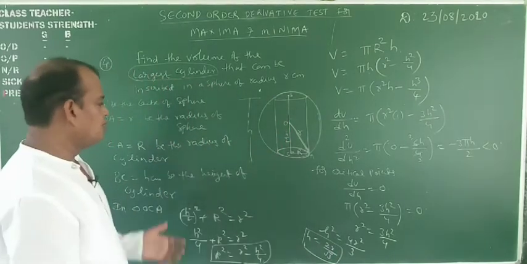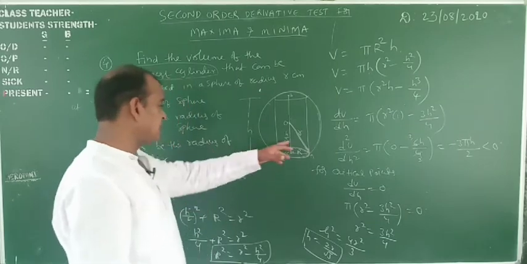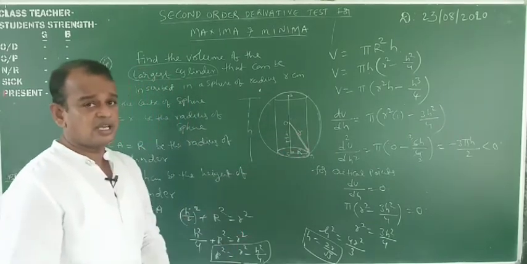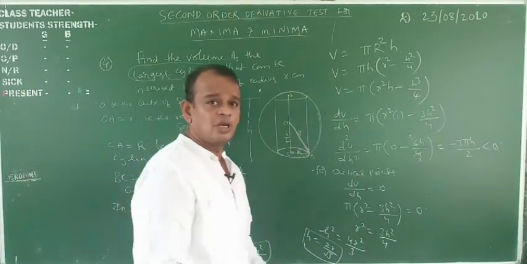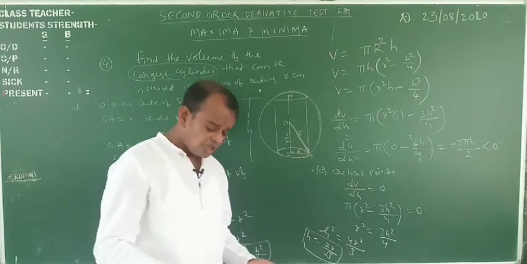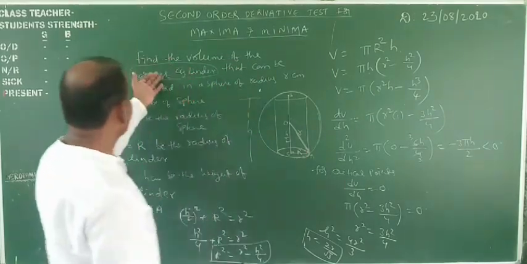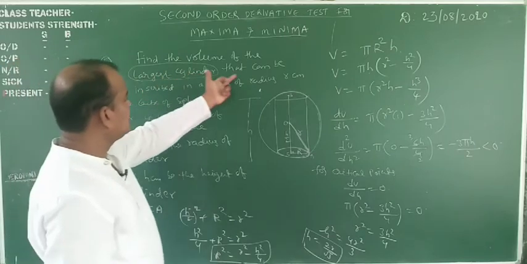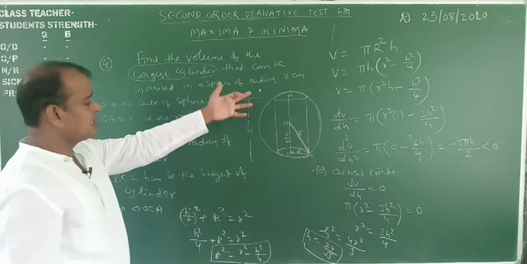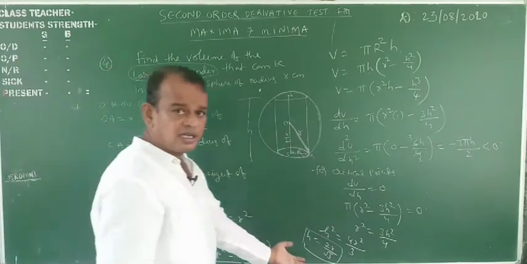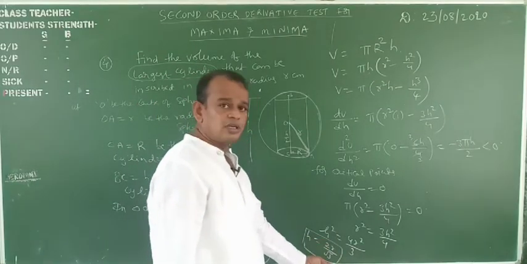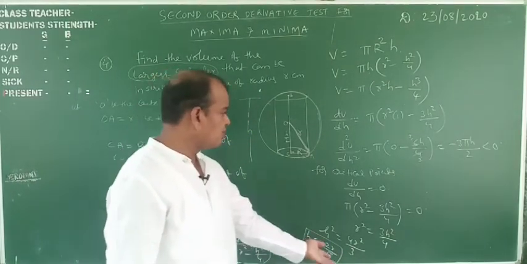Suppose there is another version of this question: find the volume of the largest cylinder that can be inscribed in a sphere of radius r centimeters, then show that the height of the cylinder is equal to r by root 3. Substitute h equal to r by root 3 here.